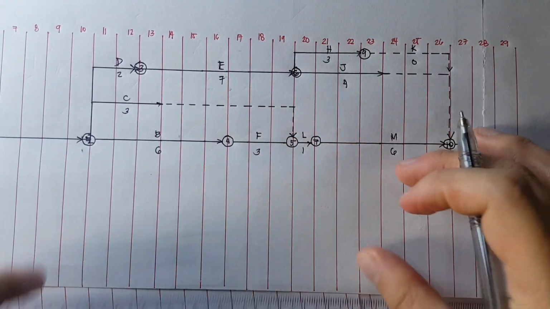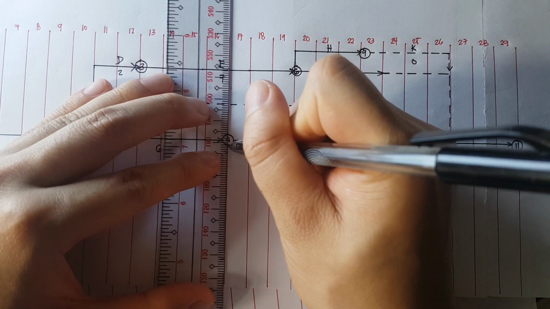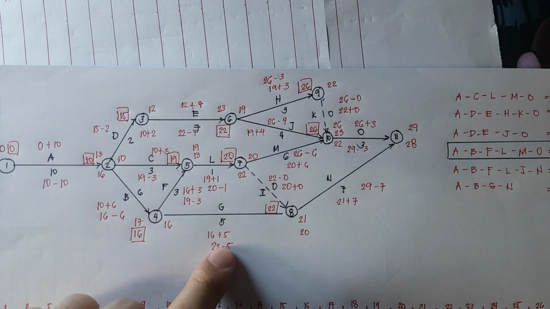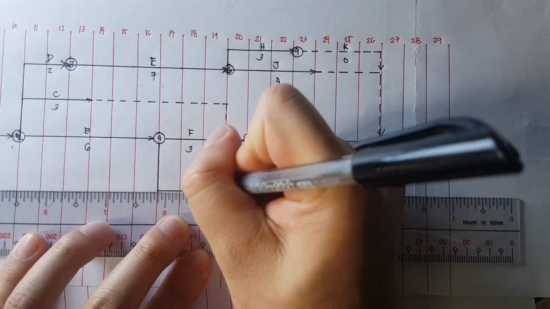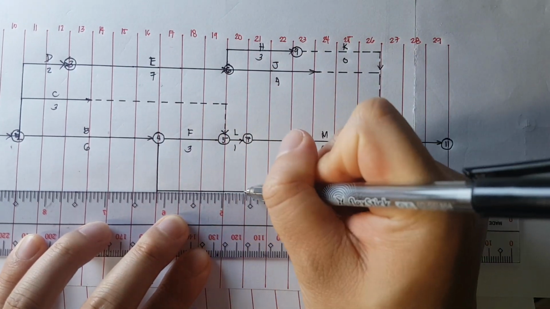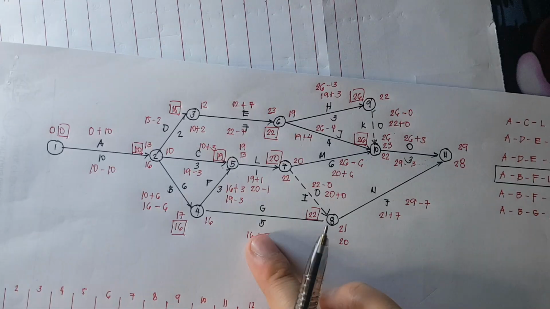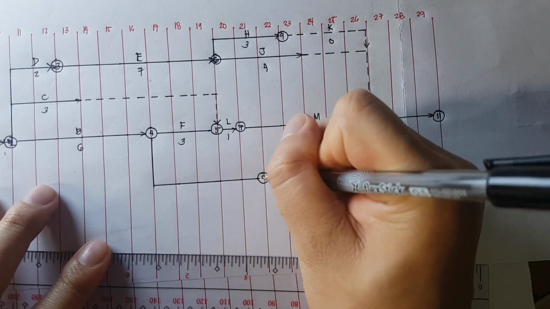So let's draw a straight line here. And activity G is 5 days. So let's draw 5 straight lines. 1, 2, 3, 4, 5. And activity G is 4 to 8. Therefore, the node here is 8.